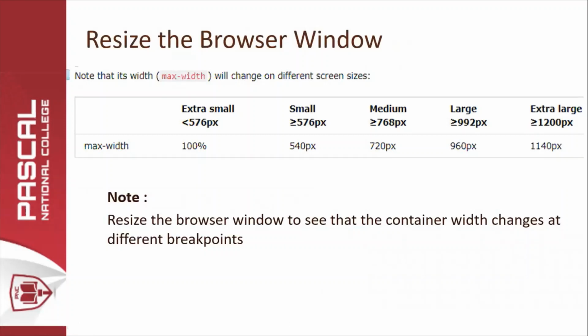Your maximum width for different devices: if it's extra small, which is less than 576 pixel, max width, it will give you 100% of that device. Similarly, small, greater than or equal to 576 pixel, means it's 540 pixel. For the medium, it's 720 pixel. For the large, it's 960 pixel. Similarly, extra large will be 1140 pixel. So on the basis of your screen resolution, your content fits in your browser or in your devices.